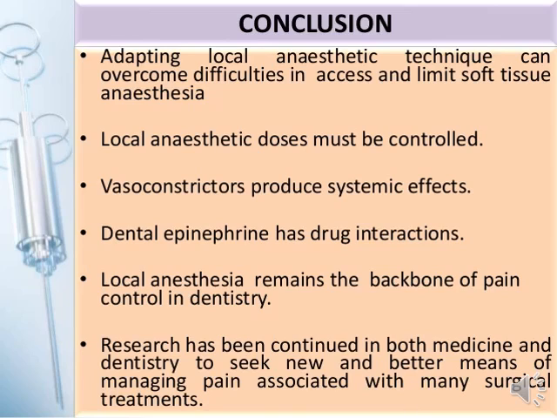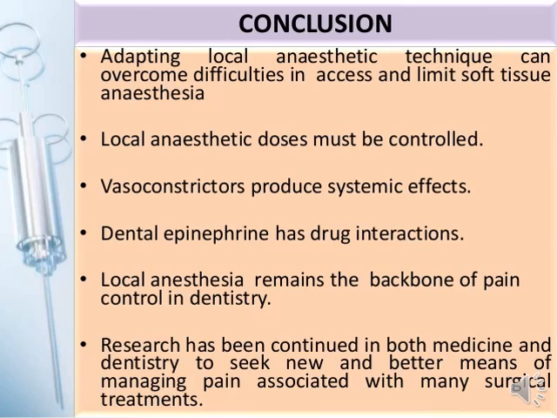So a person who is properly trained in the administration of a local anesthetic to a sick person or patient should be there. Secondly, local anesthetic doses must be controlled. You should be well aware of which dose is required for a certain type of anesthesia, like infiltration anesthesia, regional block, or surface anesthesia.